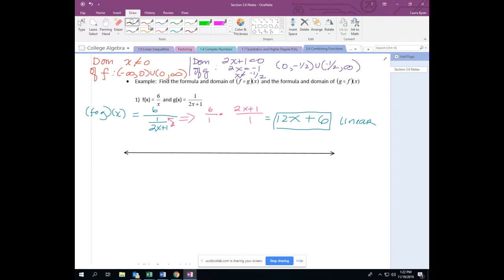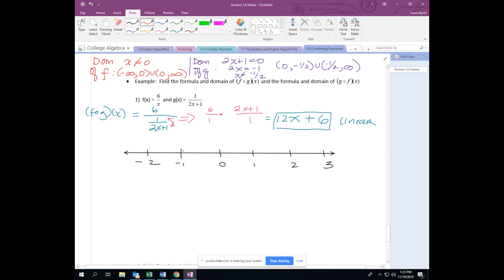Here's my number line. And we've got -2, -1, 0, 1, 2, 3. The first domain is everything but 0.